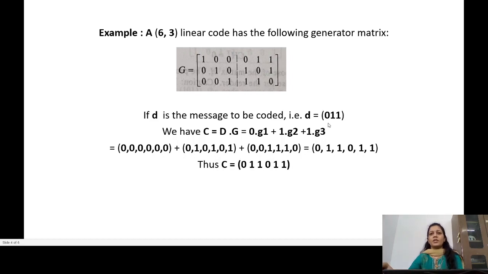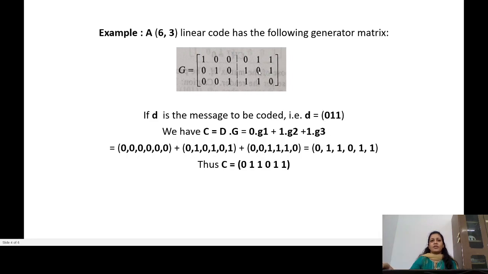So if it is 0, 1, 1, just multiply 0, 1, 1, you will get first bit as 0, multiply 0, 1, 1 with the second column, that will give me 1, right? And multiply D with the third column, that will give me 1 again. Multiply D with the fourth column, that will give me 0 plus 1 plus 1, which is actually 0. 1 plus 1 is equal to 0. So this is 0 because we are not using the carry scheme over here.